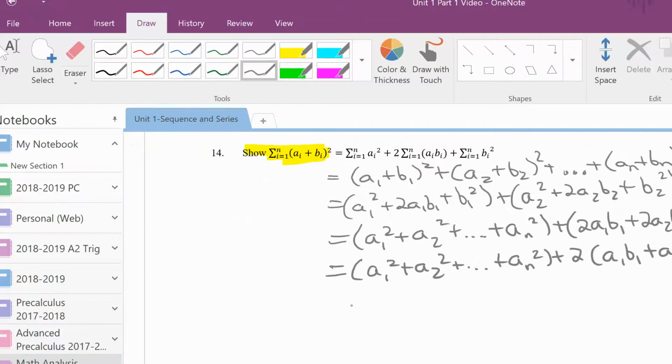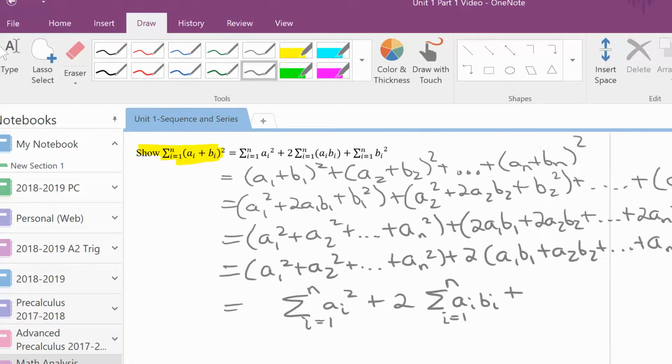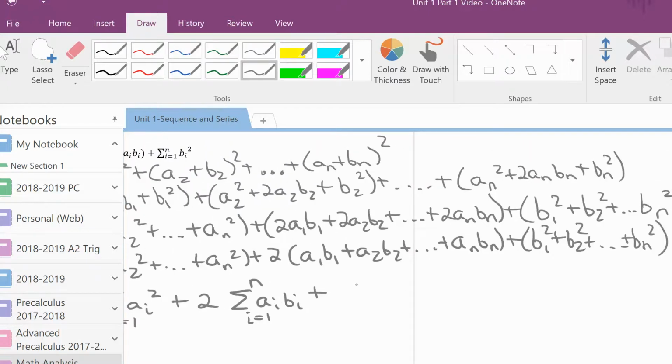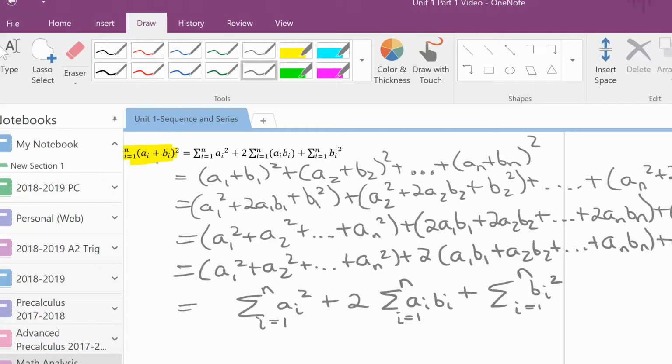Now you can write it, this is the sum as i equals 1 all the way to n of a sub i squared plus 2 times the sum as i equals 1 to n of a sub i b sub i plus the sum as i equals 1 to n of b sub i squared. And you have shown that this left-hand side is equal to the right-hand side.